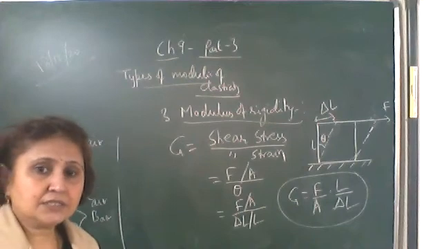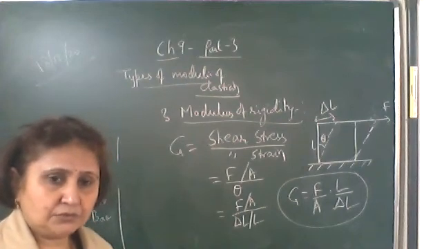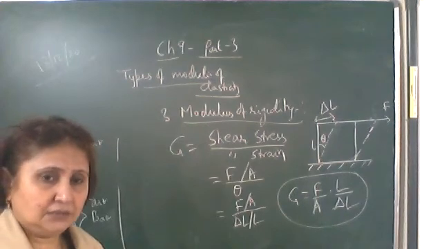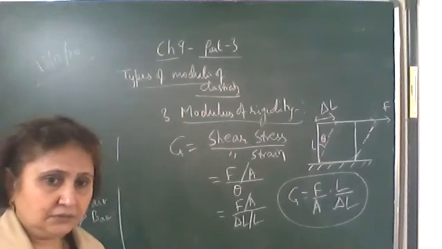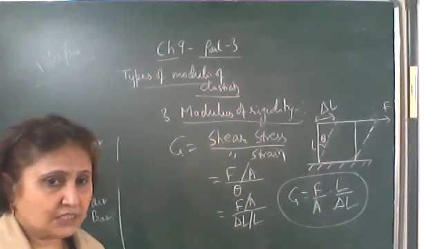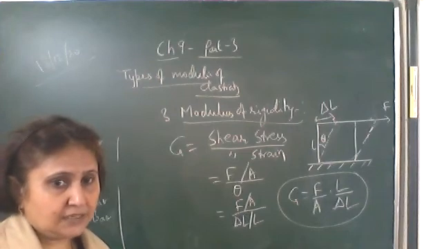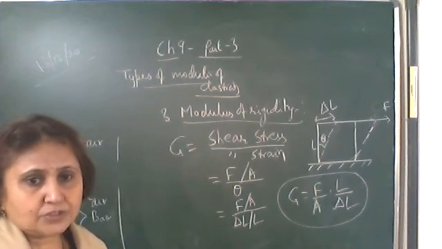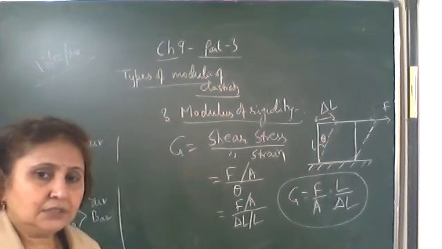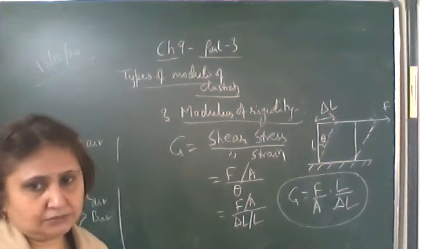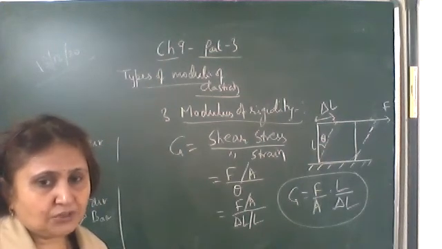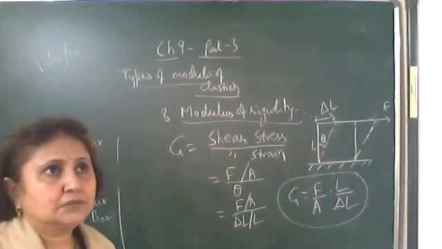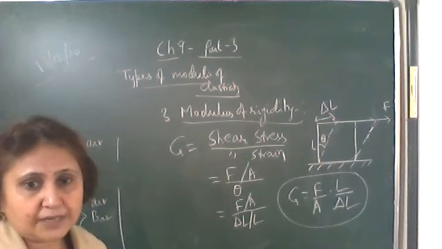Here the area is the area of the upper face of the cube. There the length is the length of the wire. Here L is the side of the cube. Delta L in Young's modulus is the increase in length. Here delta L is the distance by which the side shifts. So write down: G is applicable only for solids. It cannot be applied for liquids and gases.